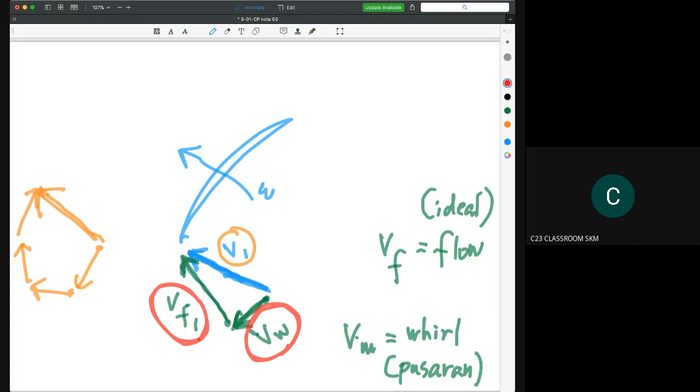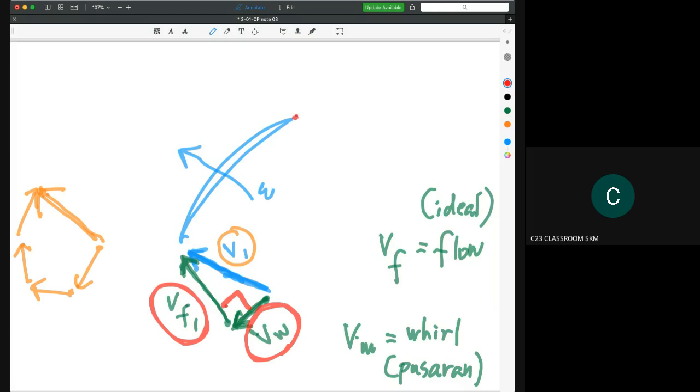In this situation, we already have a perpendicular angle here. So we have a 90 degrees angle, which means now we can use trigonometry.